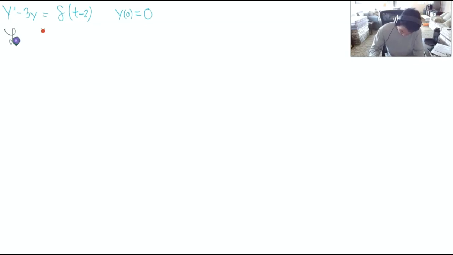We take the Laplace of y prime minus 3y, and the Laplace of the delta function, t minus 2.